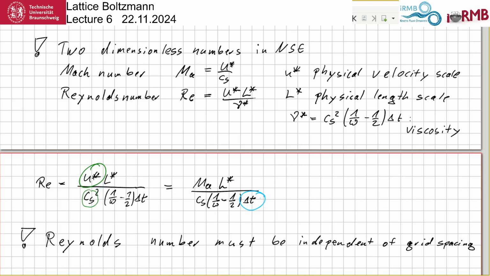So this is a big problem with the Chapman-Enskog expansion, which we are not talking about today, because it assumes that the Reynolds number is scaled.